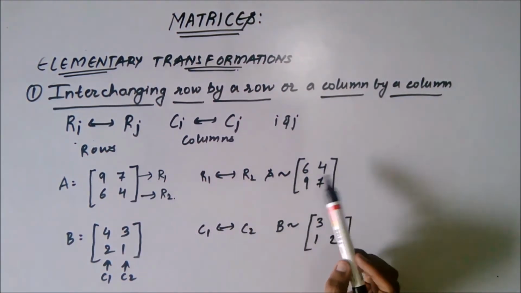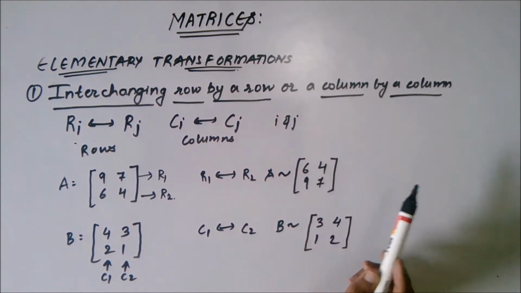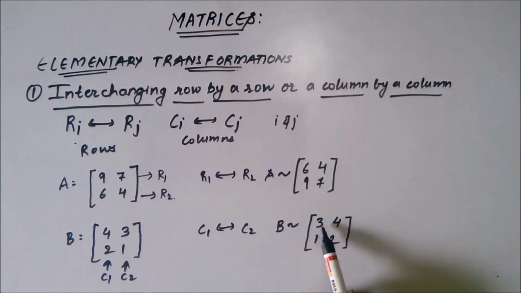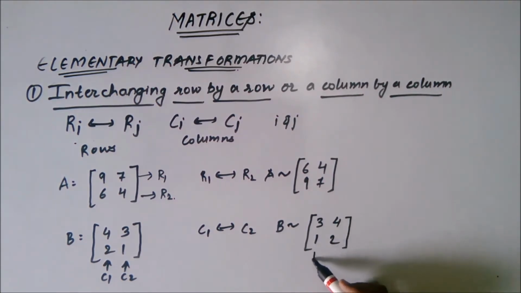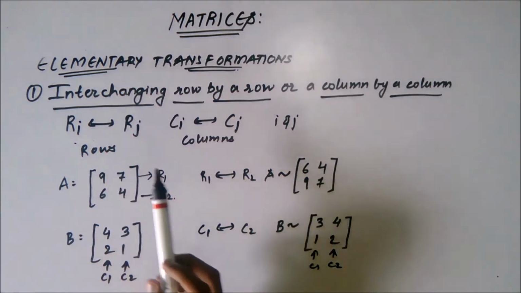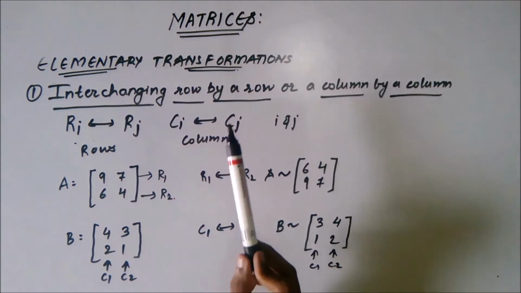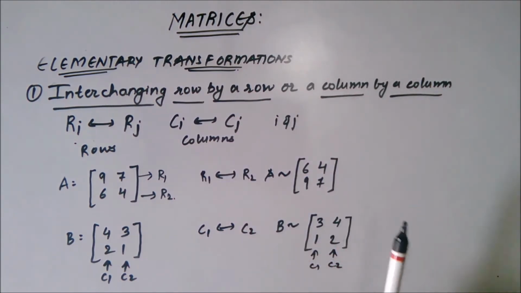That is, the 6, 4 is the first row and 9, 7 is the second row. Here column transformation has taken place. That is, 3, 1 has become the first column here and 4, 2 has become the second column. So this is the first elementary transformation that we are learning, that is interchanging a row by a row or a column by a column.